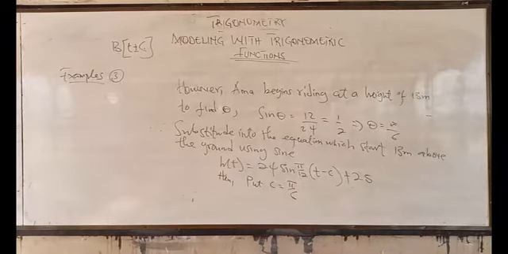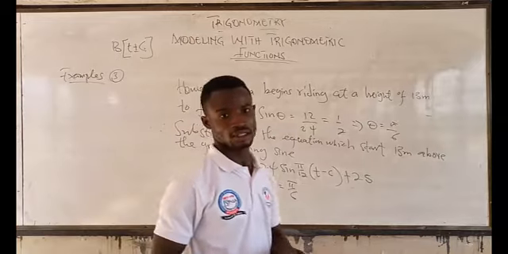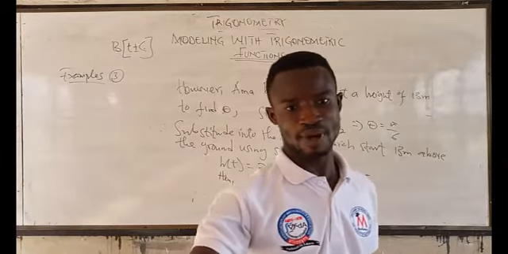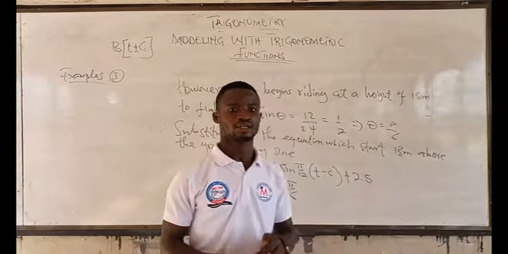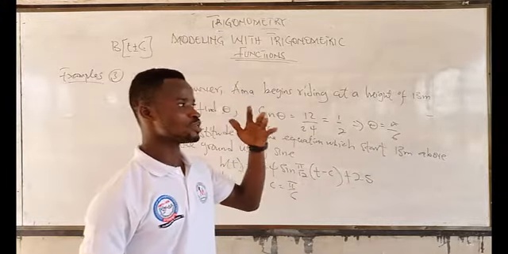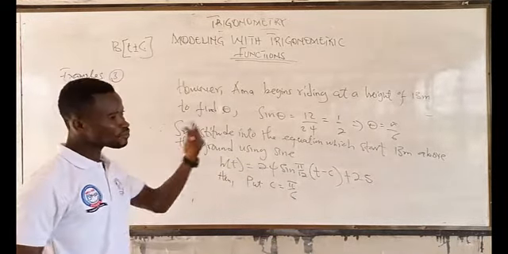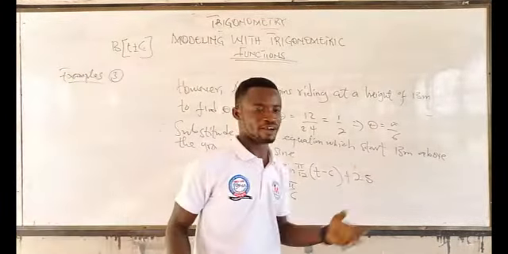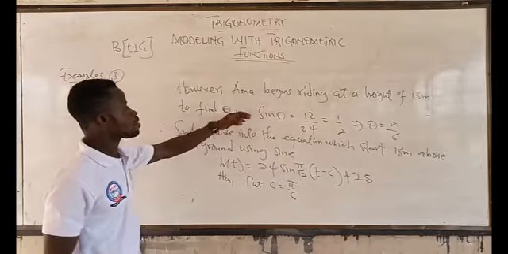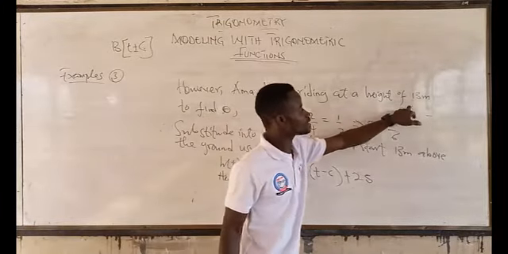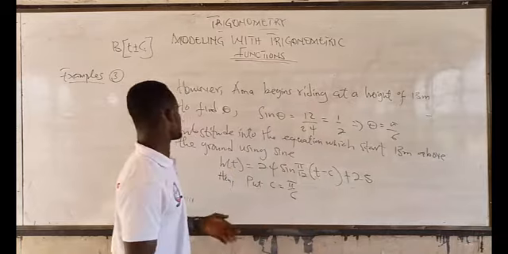Alright, so we are looking at where Armor begins riding at a height of 13 meters. So that will be after 1 meter above. However, Armor begins riding at a height of 13 meters.